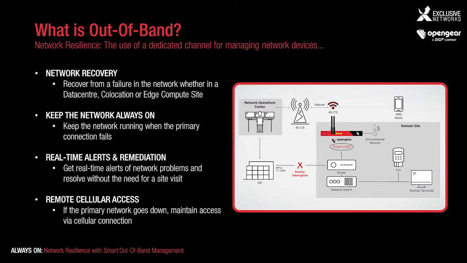Firstly, being alerted so that you know that there is an issue, so you get an alert in real time to tell you there's a problem, so you don't have to wait for someone to call you. And then secondly, the ability to go in and find out what the problem is immediately, without actually having to go to site. So that's what smart out-of-band is about.